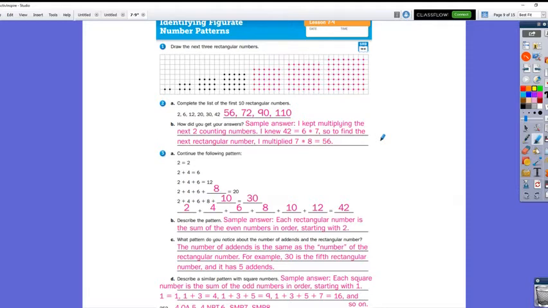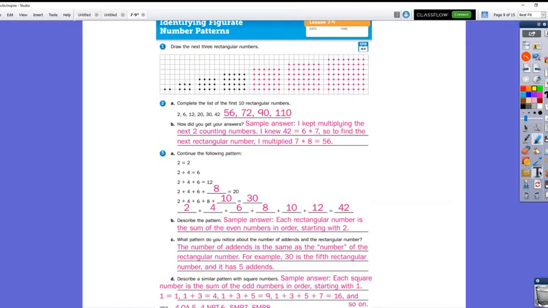A, complete the list of the first 10 rectangular numbers. You can see from what you've got here, the 2 was the first one, then 6, 12, 20, because that one's 20, right? Yep. And then 30, 42, 56, 72, 90, 110. How did you get your answers? This is an example answer. It says, I kept multiplying the next 2 counting numbers. I knew 42 is equal to 6 times 7. So to find the next rectangular number, I multiplied 7 times 8 and got 56.